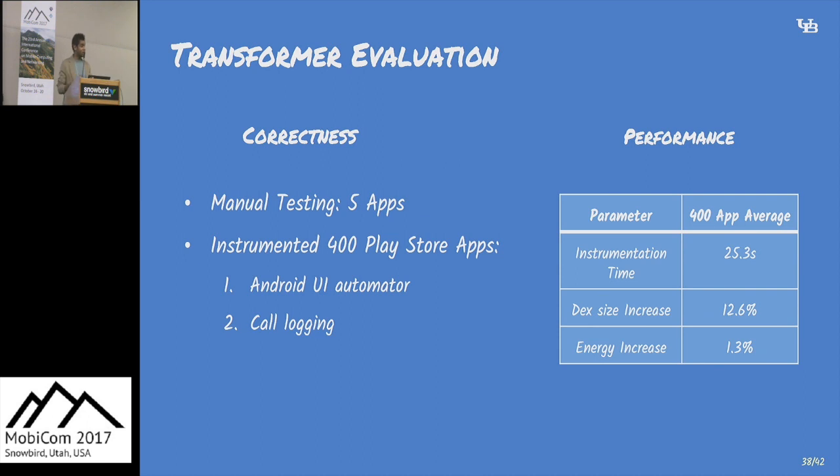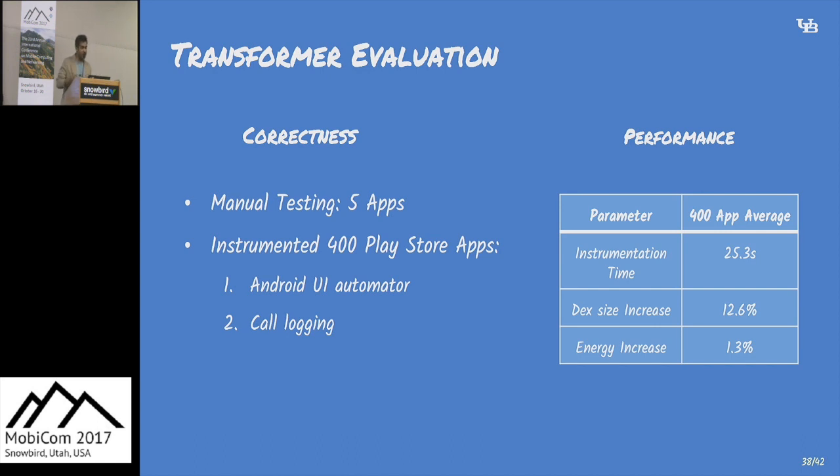Lastly, we evaluate our transformer. To evaluate the correctness, we use multiple strategies. First, we downloaded 5 apps and instrumented them, and we test them manually to ensure that there is no loss of functionality. After we passed this test, we downloaded 400 more apps and ran them through the Android UI automator.